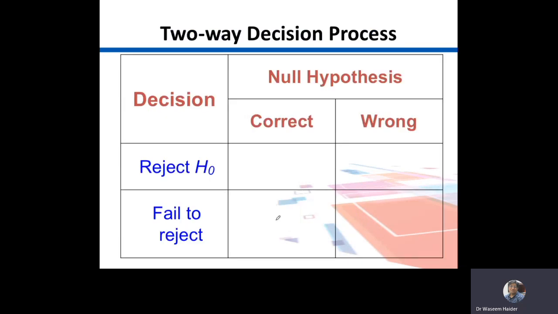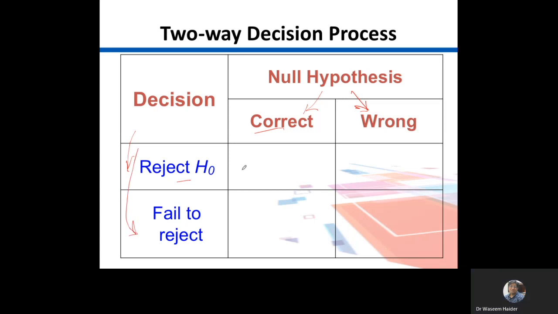Let's look into this table, which is very interesting. So if our null hypothesis is correct and we reject it, then this scenario is where we are seeing some false positives. Here on this side we have the null hypothesis, so it may be correct or it may be wrong, and then our decision, either we reject the null hypothesis or we fail to reject the null hypothesis.